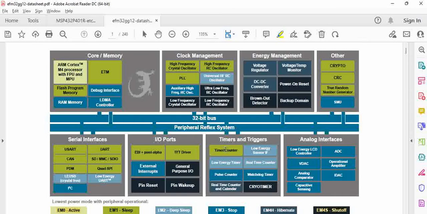And then the energy management feature, definitely, the main feature is the internal DC-DC converter, which generates the 3.3 volt required, or the required rail, for the microcontroller internally. And then the power on reset and backup domain related features will be part of energy management.